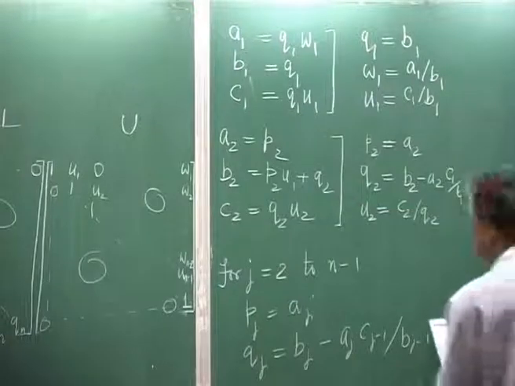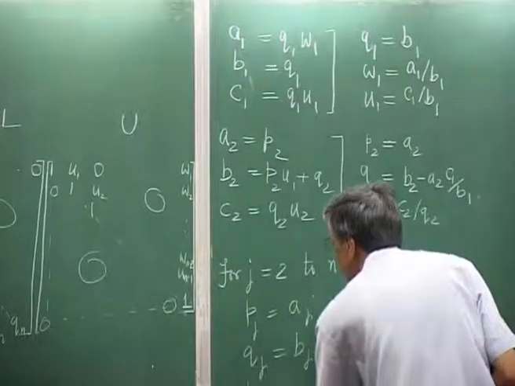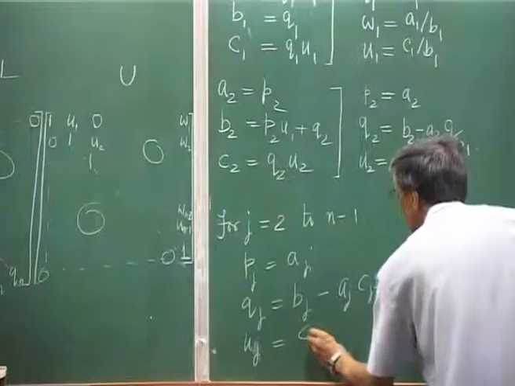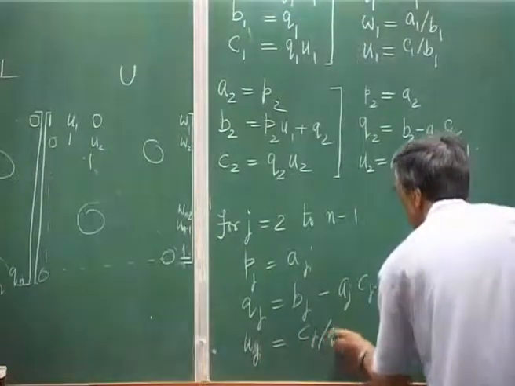And the same way you could write U j is equal to C j by Q j.